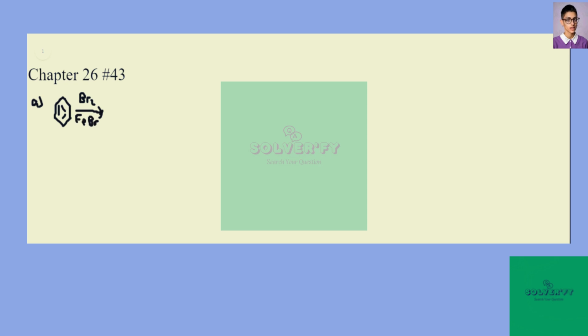We could brominate this ring with bromine and iron bromide. We can then do a Heck reaction.